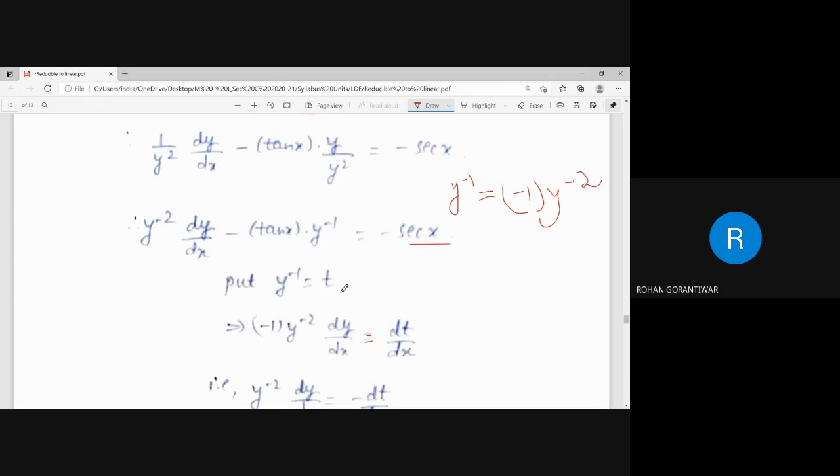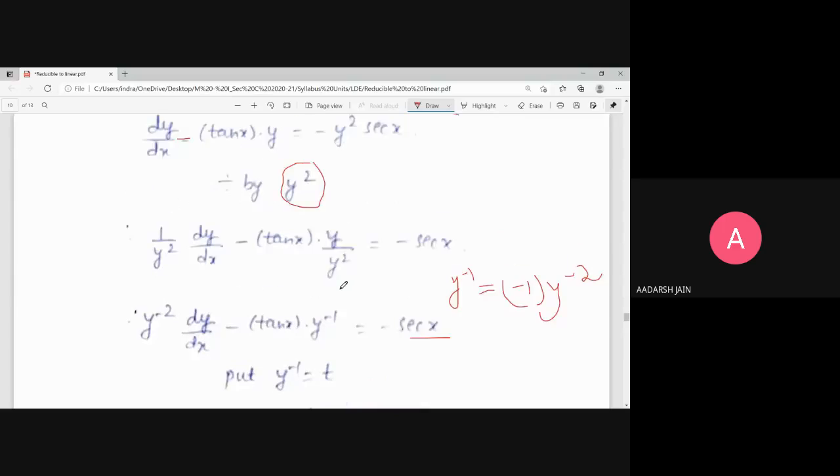Yes. Yes, sir. How you can go to the second step? Sir, can you please scroll up some? Yeah.